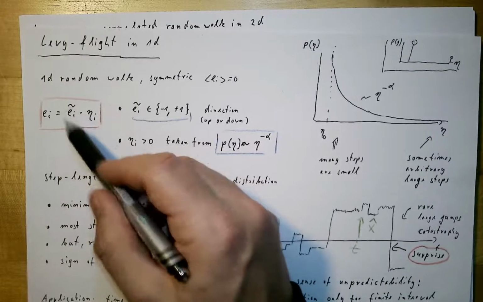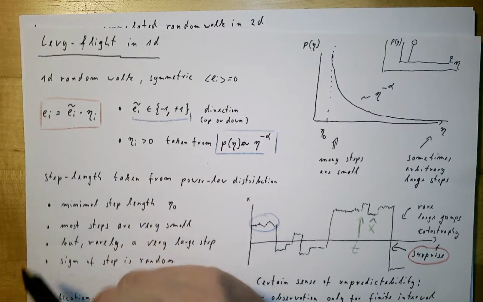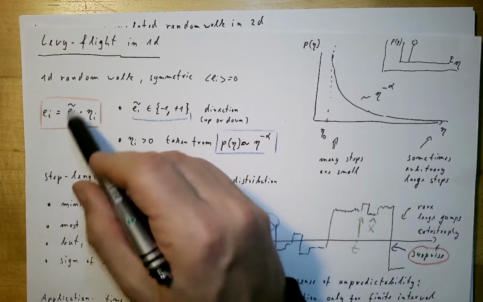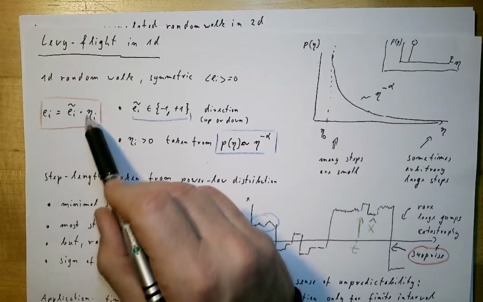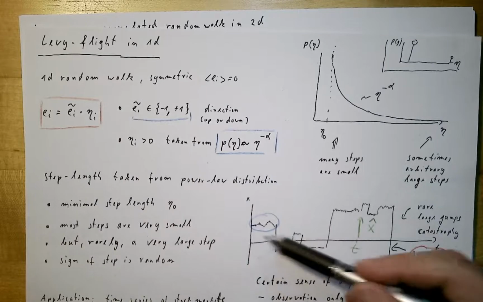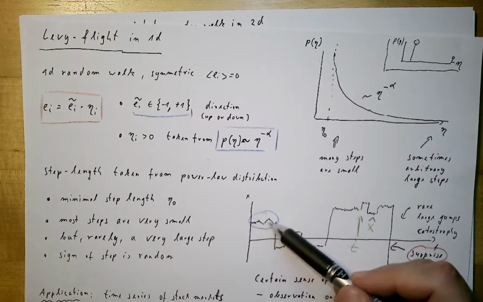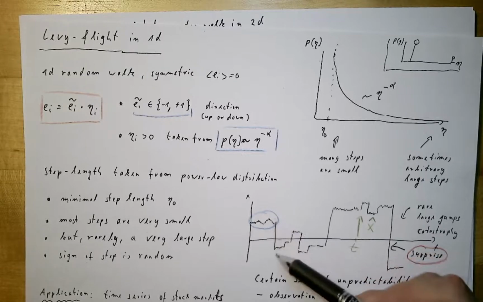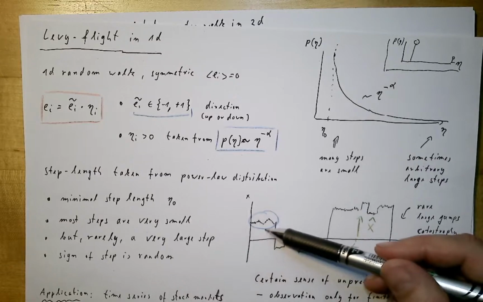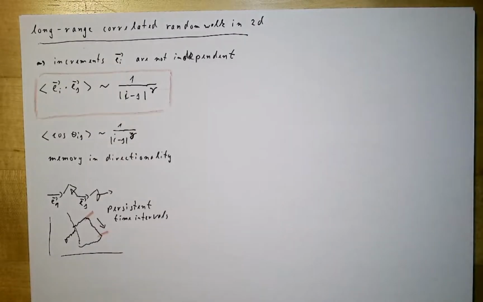Now in 2D this will be a vector of absolute value 1. And the step lengths were taken from a power law. And then we had a walk where the increments very often are very small, but sometimes we had very large jumps. So how does such a Levy flight now translate to 2 dimensions?